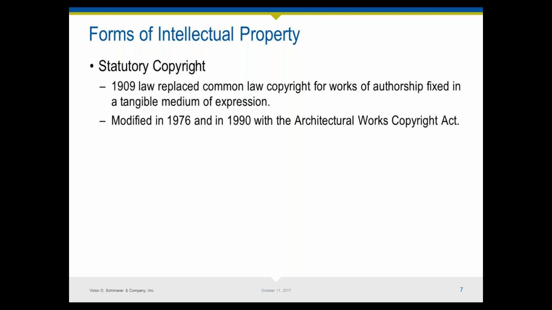The copyright law in the U.S. was then changed to incorporate the Architectural Works Copyright Act, which protects the overall design of a building. And one of the first architects to benefit from the act was I.M. Pei. His firm, Pei-Cobb-Freed, designed the Rock and Roll Hall of Fame, which opened in 1995.